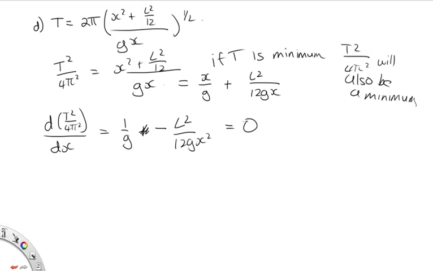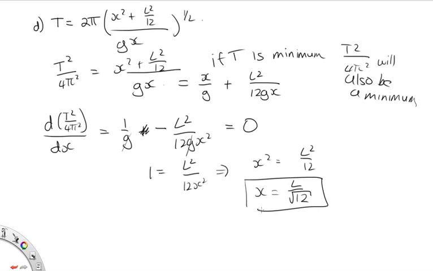For a minimum, we set this equal to 0. So those g's will actually cancel out, and we'll have 1 is equal to L squared over 12x squared, giving us x squared is equal to L squared on 12, or x is equal to L over root 12. So we found our minimum x there.